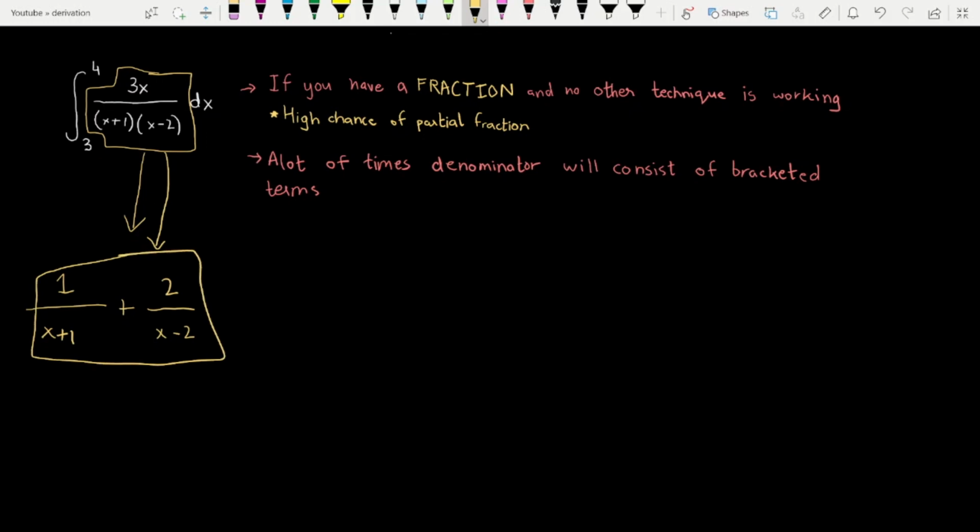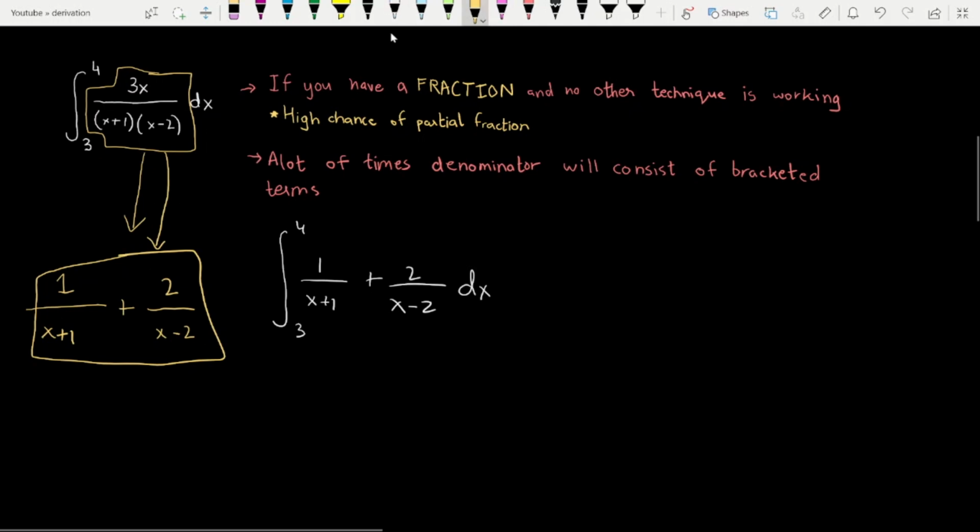And so this is what we're essentially now going to have in our integral. This is going to be the integral from 3 to 4 of 1 over x plus 1, and then we're going to have 2 over x minus 2 dx. Now this already looks a lot simpler, and you can already go ahead and apply a lot of techniques on this to make this simpler.